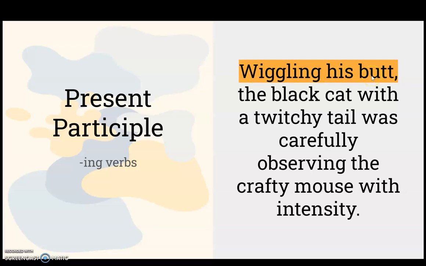The black cat with the twitchy tail was carefully observing the crafty mouse with intensity, wiggling his butt. Wiggling his butt is not a complete verbal phrase, so it has to be connected to a full sentence. But that's a really good way to get some sentence variety into your papers, is to add a present participle or ing verb.